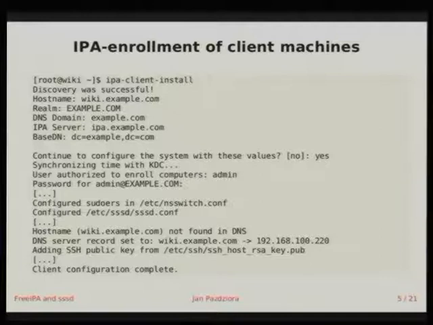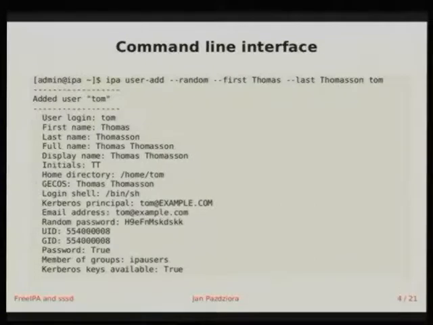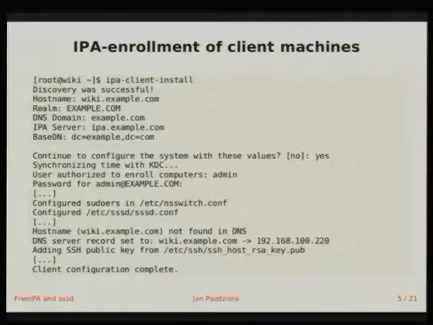To log into a machine, we'd really like your machine to be so-called IPA enrolled. IPA enrollment means that the server knows not just about itself, as we saw here, but that it knows about the other machines in the network. So again, we have that nice command, ipa-client-install, which we will try, but do it after you do the IPA server install.